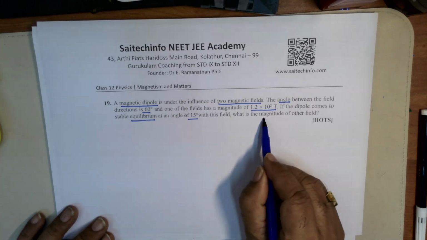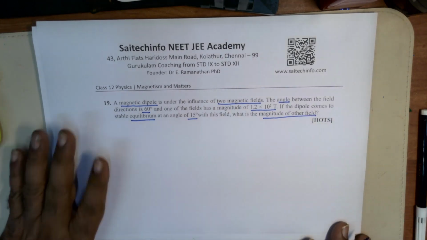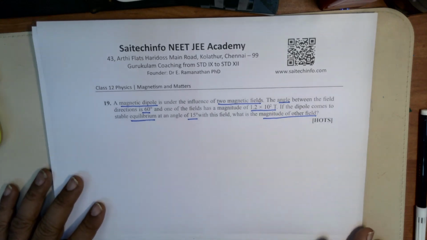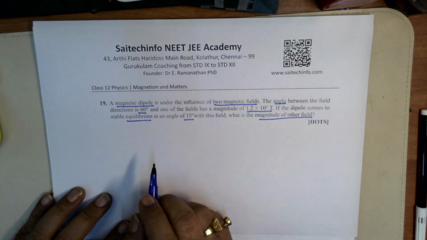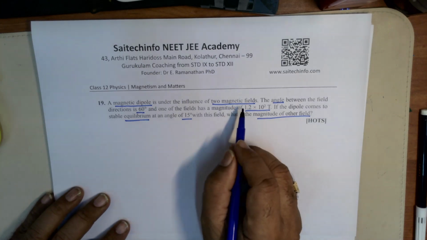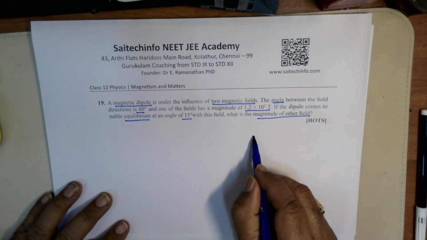the magnitude of the other field? So this problem is based on which concept? That is magnetic field, magnetic dipole kept in external uniform magnetic field. So please make a note of it, the concept.